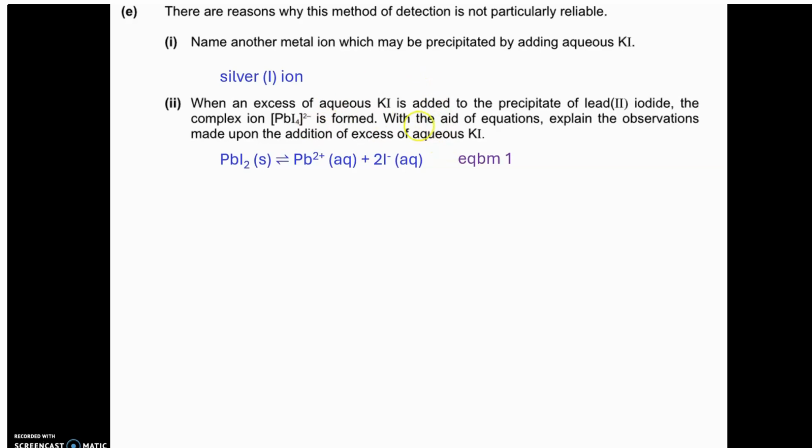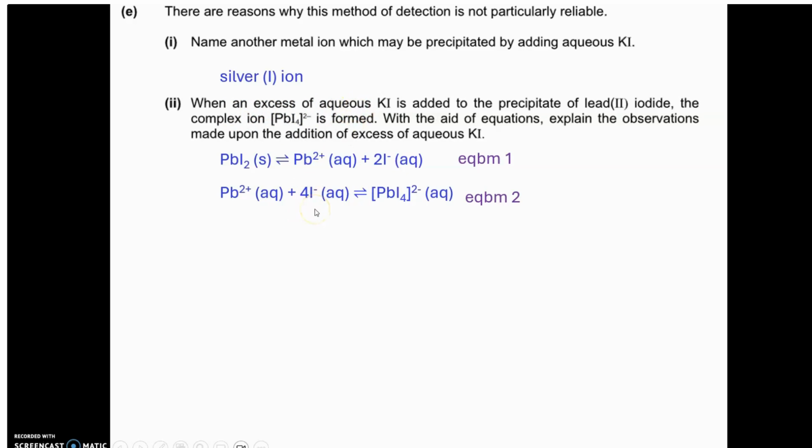But when we add excess of aqueous KI to the precipitate, there will now be a second equilibrium where Pb2+ reacts with 4 iodide ions to be in equilibrium with this complex ion. And we're going to call this equilibrium 2. So firstly, take note that the question specifies excess of aqueous KI.